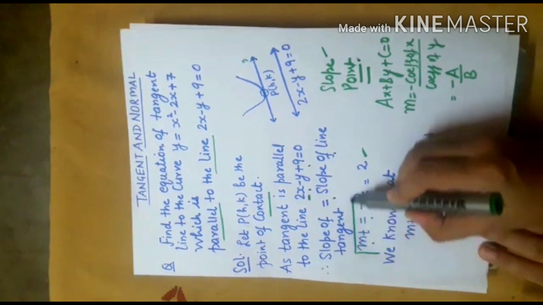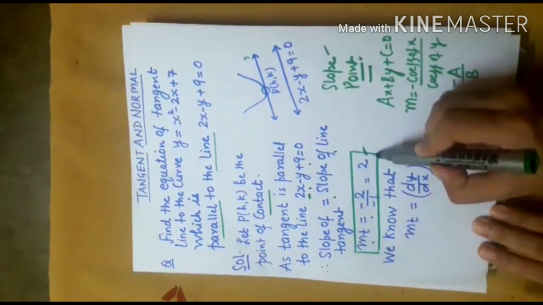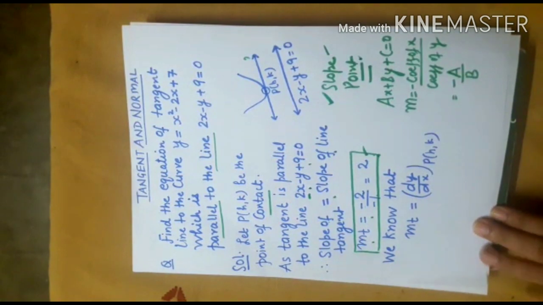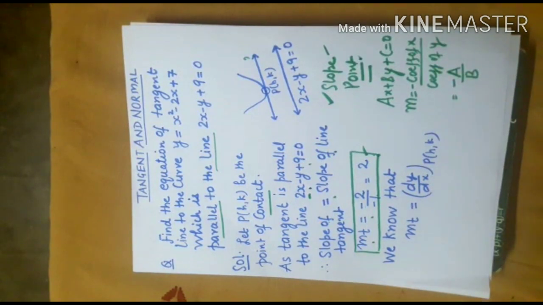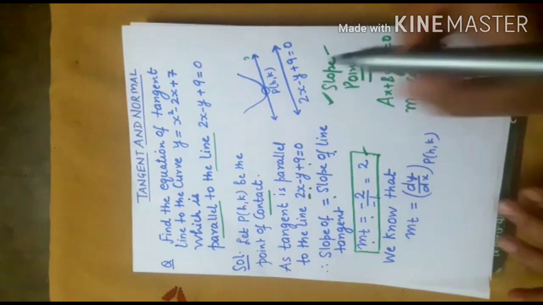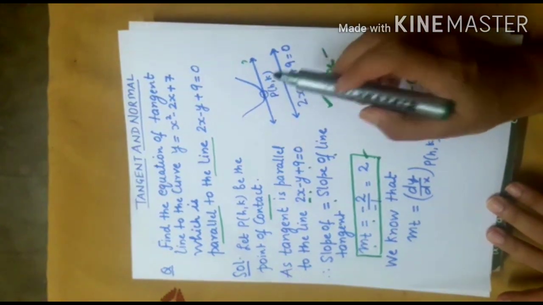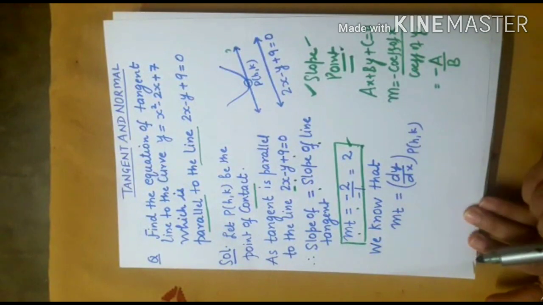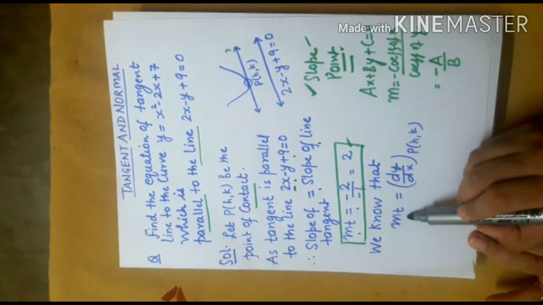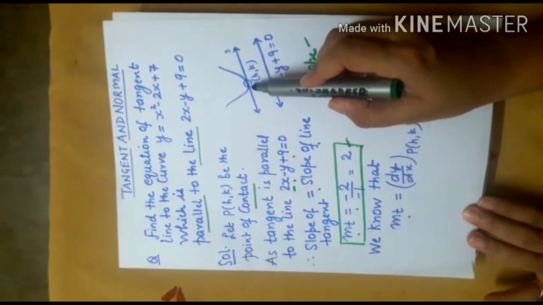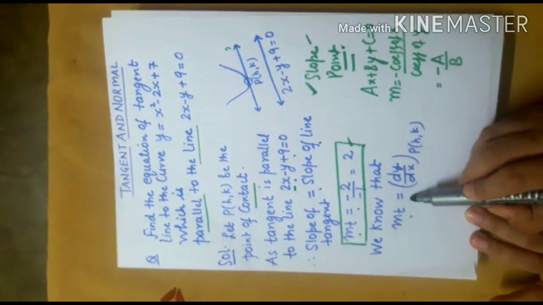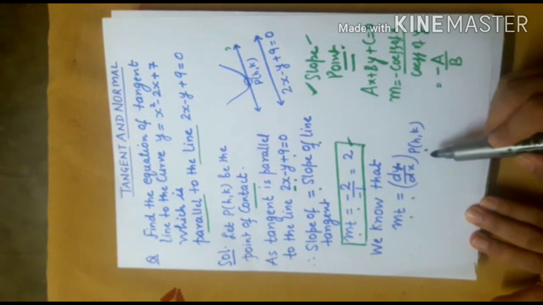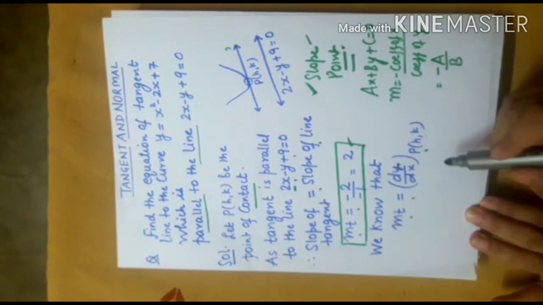So slope of the tangent is 2. So now we know the slope of the tangent. So in order to write the equation of the tangent, I need to find this point. Right? Now, from the study of derivatives, we know that slope of the tangent at any point on the curve is equal to the derivative of the function at that point P(h, k).